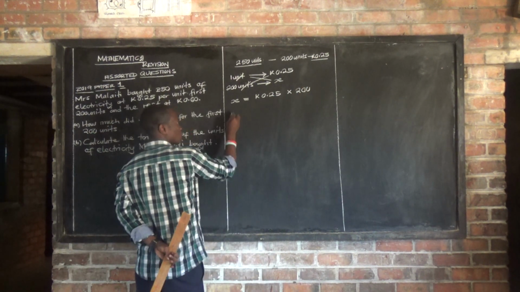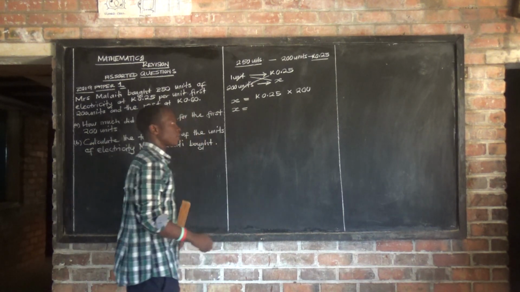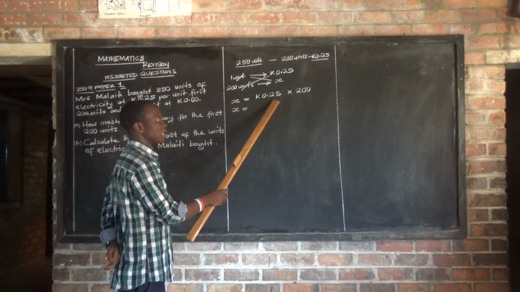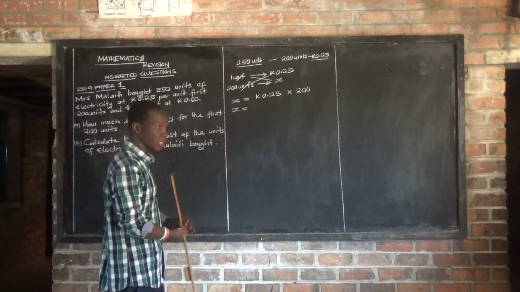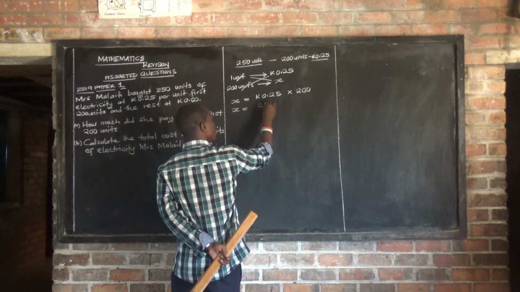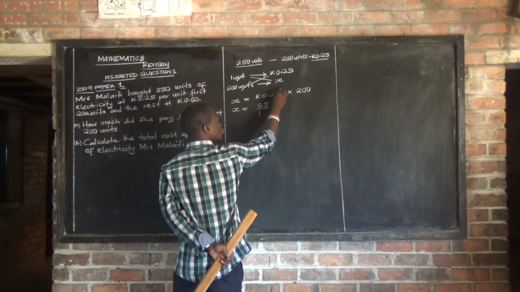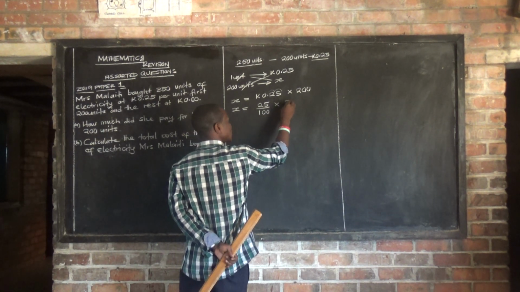For us to multiply this 0.25 times 200, we are going to write 0.25 as a fraction. This can be written as 25 over 1 with two decimal places, so we put two zeros in: 25 over 100, multiplied by 200.